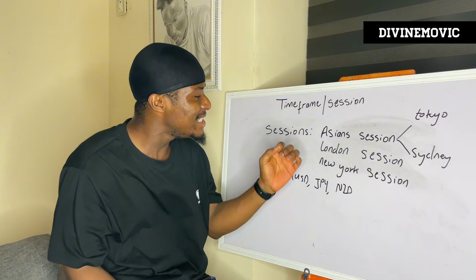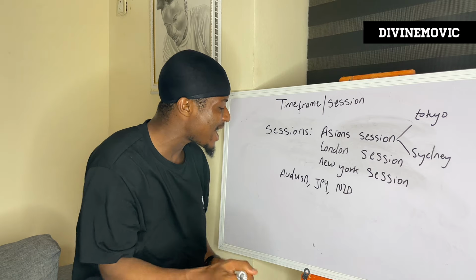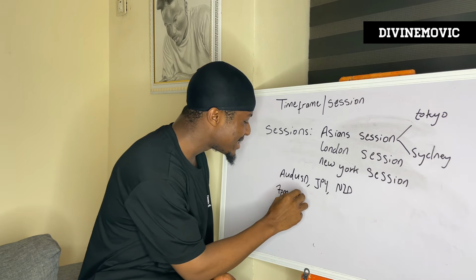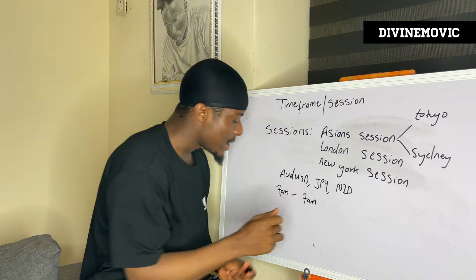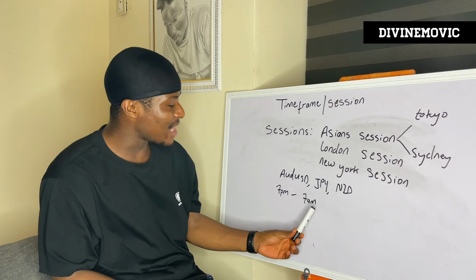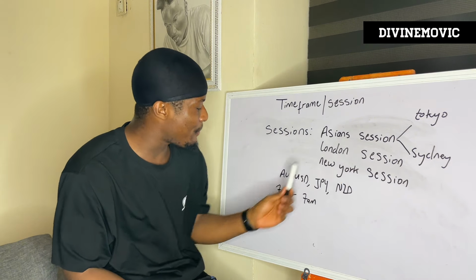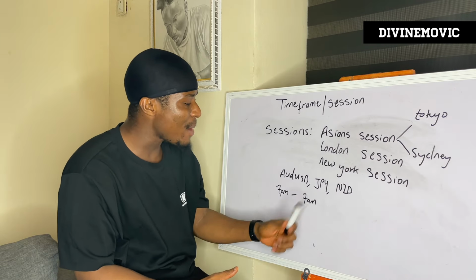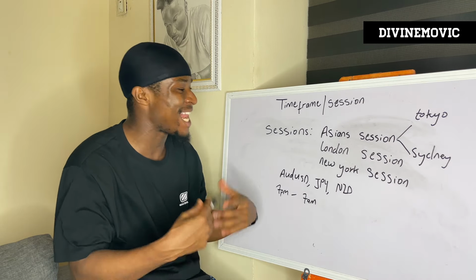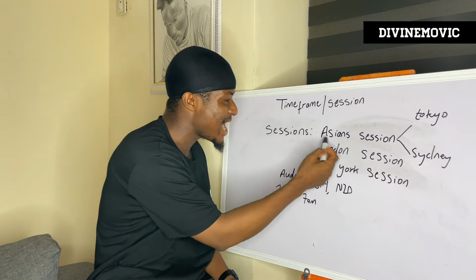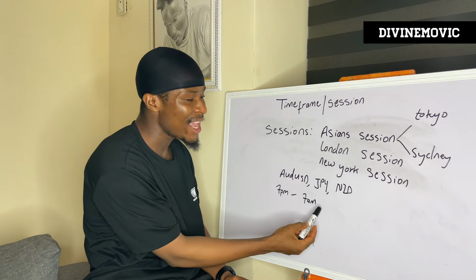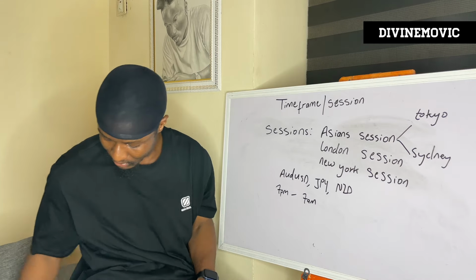Now, this session opens around 7 p.m. to 7 a.m. These are when these particular pairs are likely going to move. That means the AUD pairs, JPY pairs, and the NZD pairs are likely going to move during this Asian session, which is between 7 p.m. to 7 a.m. Nigerian time.